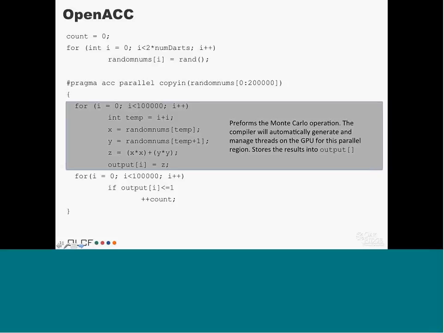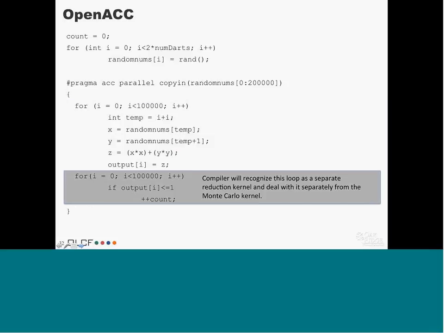And it's very similar to the previous code. The only differences being it loads the random numbers from the array instead of calling rand, as well as it loads the value of z, in this case, into the array.